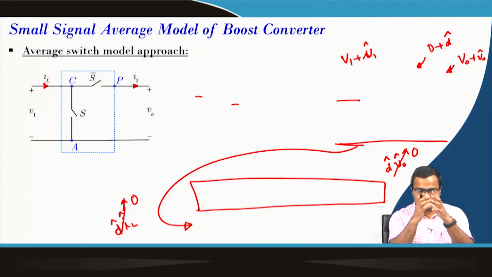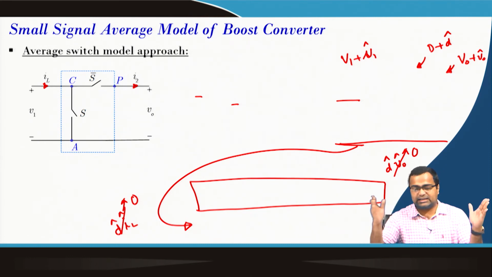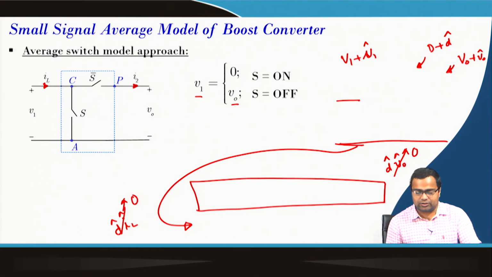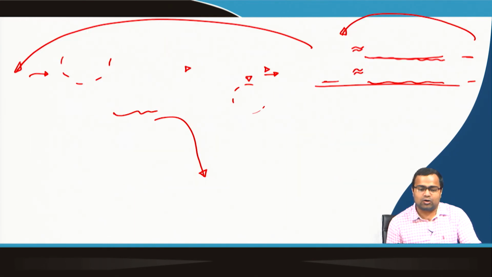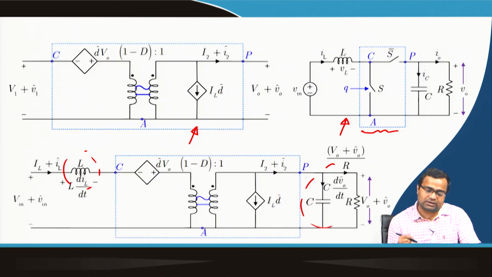That means we took the switch element and did not touch anything like the left side inductor and right side capacitor; that part we kept as it is. We just extracted the switch model, obtained the equivalent circuit of the switch model, and then connected the inductor and capacitor of the original boost converter, including the switch model, and we get the complete equivalent circuit. Now, can we do the same thing without using the average switch model?